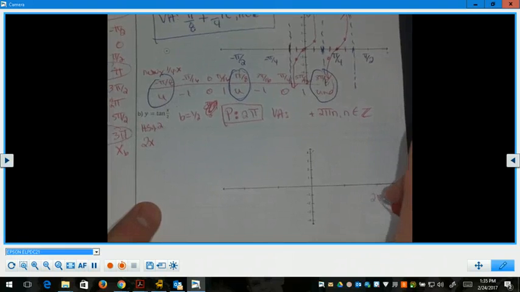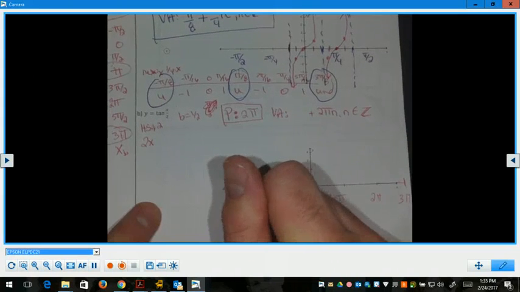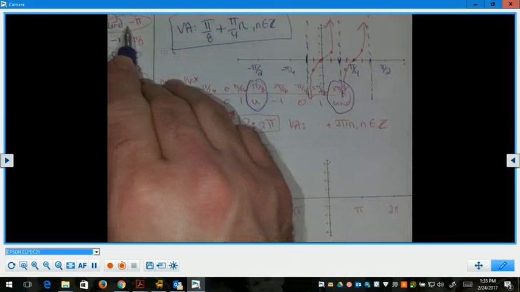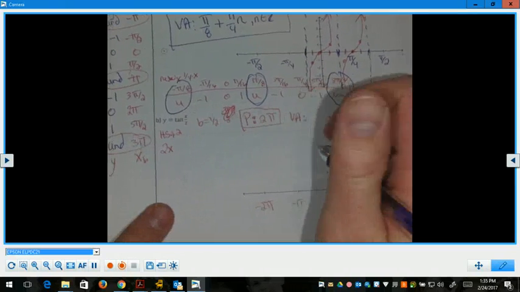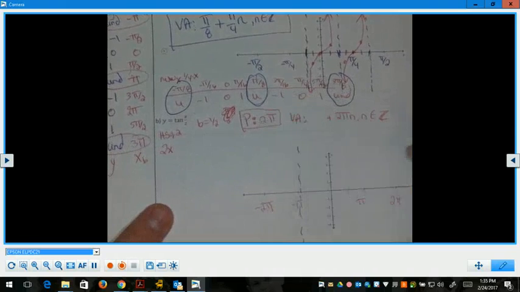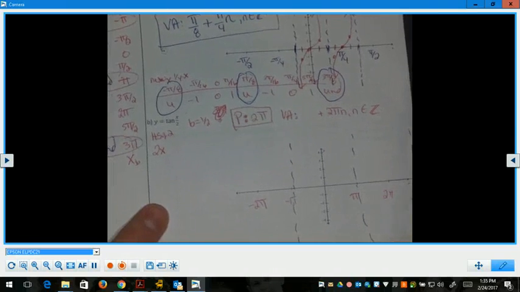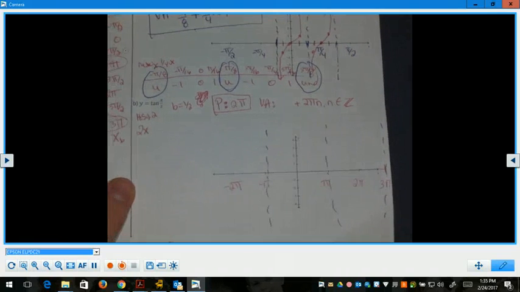And this will be 2 pi and 1 pi, negative 2 pi. I'll put my vertical asymptotes at negative pi and 3 pi. And then I'm just going to plot the values from there.